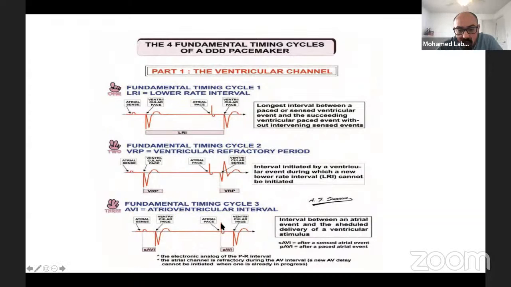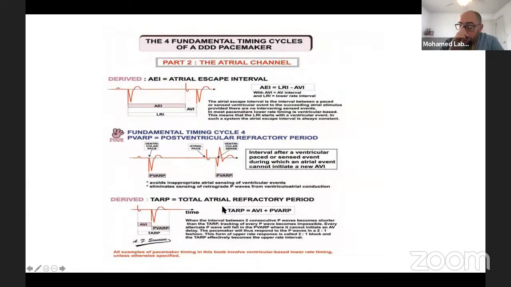You will say, from a paced atrial event, I want you to wait, for example, 200 milliseconds. If you don't see anything coming at the V, I want you to pace. The same for sense AVI. You can set it differently from paced AVI. You will say, from a sensed atrial event, I want you to wait an X amount of time, 250 milliseconds, 200. If you don't see anything coming in the V, pace in the V. Okay, so this is the third fundamental.